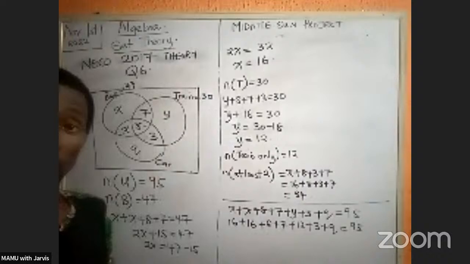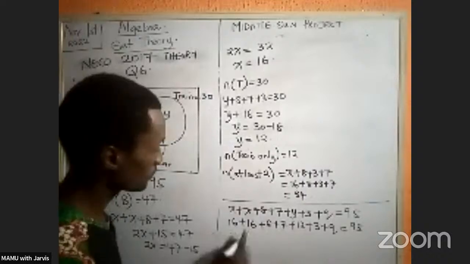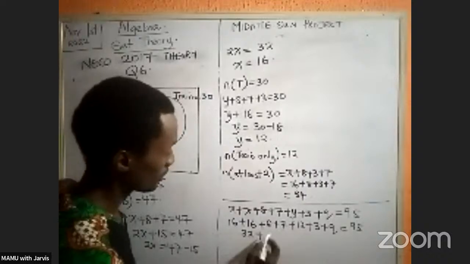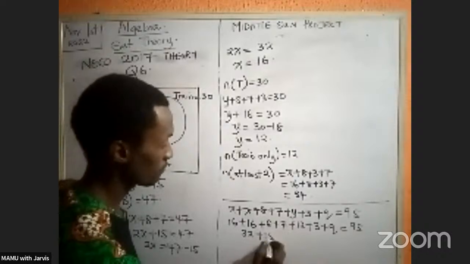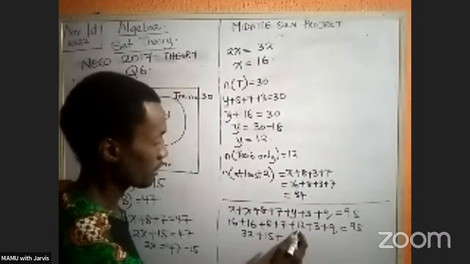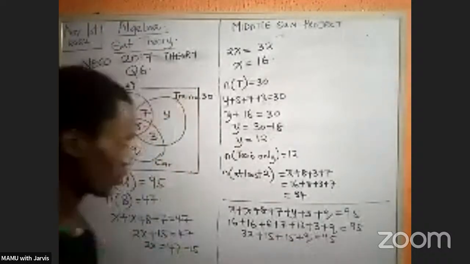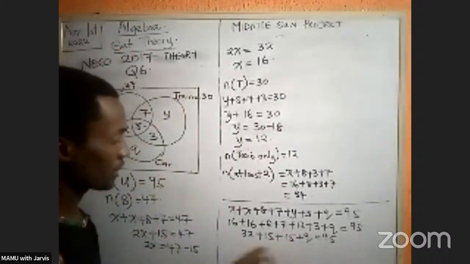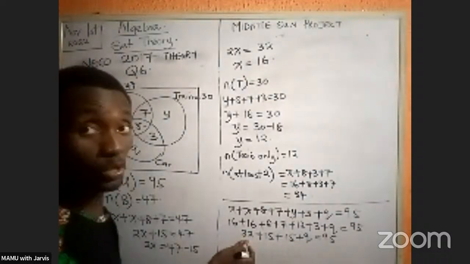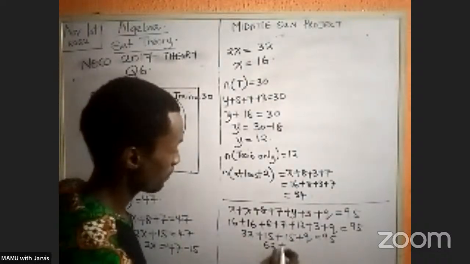So this is where you're going to do a bit of mental math. This is 32. This is 15. This is equal to 95. So what do you do next? You add this one. This will be 30 plus 32, which is 62 plus Q.